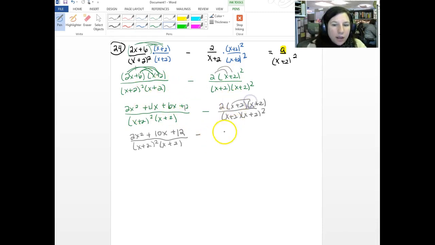And then here I can go ahead, x times x is x squared, x times 2 is 2x, 2 times x is 2x, and 2 times 2 is 4. Okay, again, leaving the denominators the same and then just continuing to simplify.